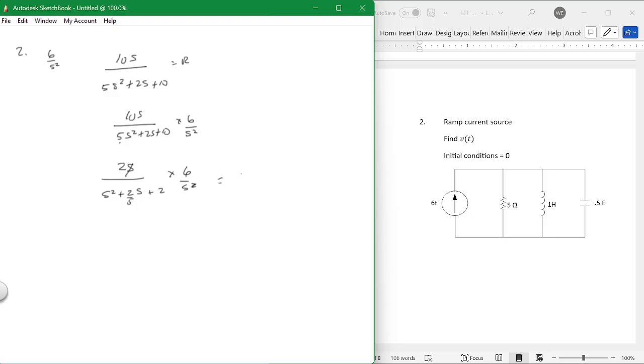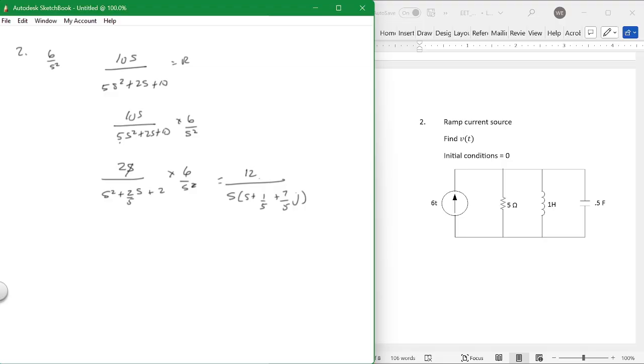We've got 12 here, okay? It's 12 over s times s plus 1/5 plus 7/5 j. This is a 12. I missed that in my calculation, so my numbers are going to be off a little bit, okay?